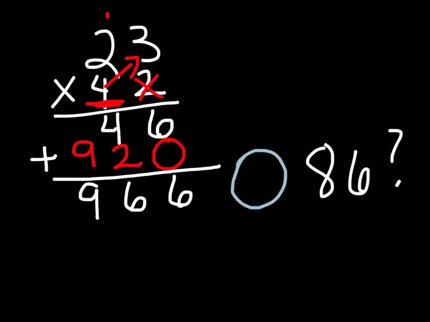This is like tons larger. 966 compared to 86, and 86 isn't even 100. It rounds to 100, but 966 is way more than 86. So please be careful when you're rounding and do it the correct way.